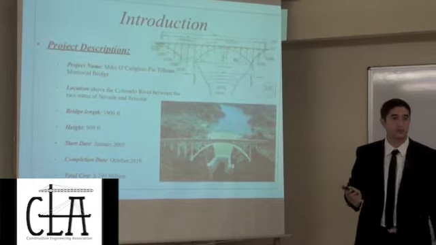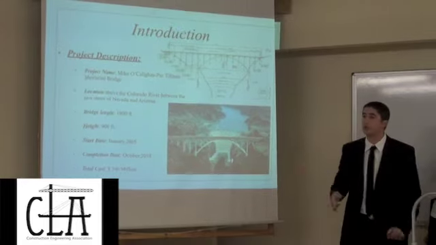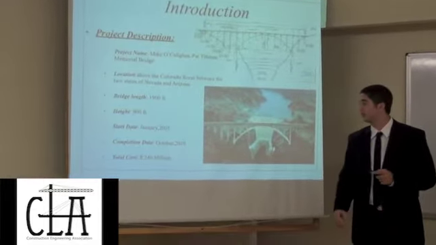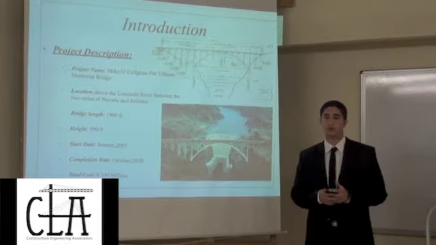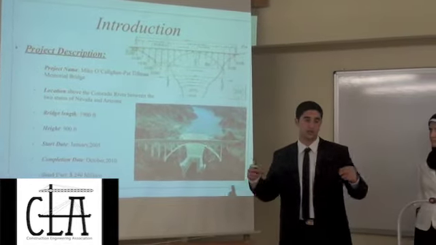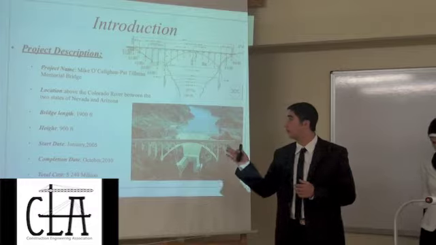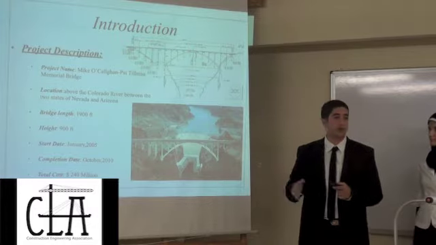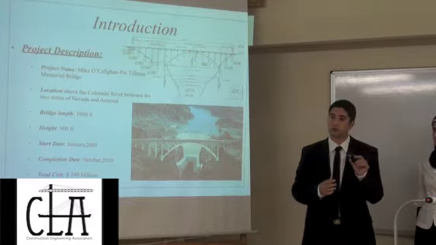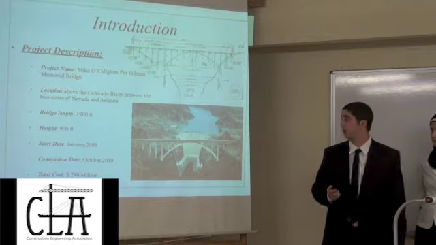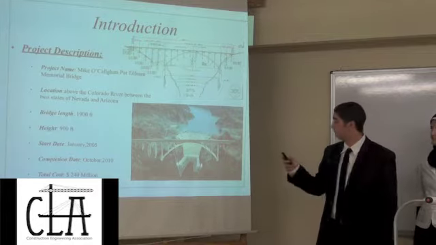The start date of the bridge construction was in January 2005, and the completion date was in October 2010. The total cost of the project, including the whole highway of the Hoover Dam, was 240 million. However, the actual cost of the construction of the bridge itself alone is around 114 million US dollars.